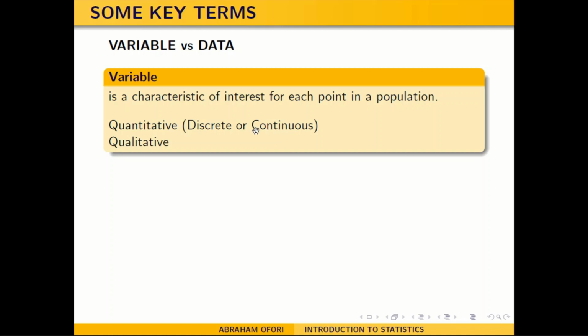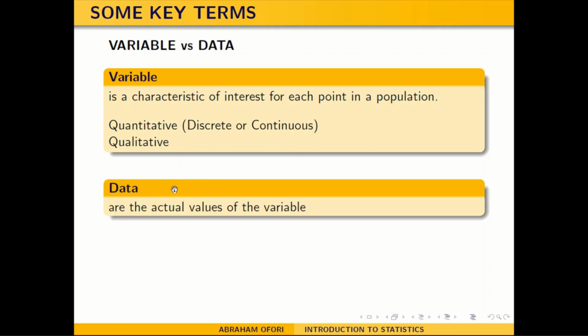Then the qualitative is just the quality of it. An example is studying females and males. You can do a survey on the number of females and males in your class, and that becomes qualitative. You can do a survey on age, and that becomes quantitative.